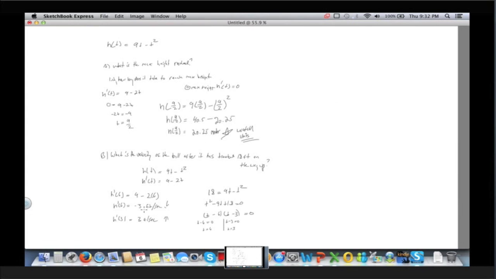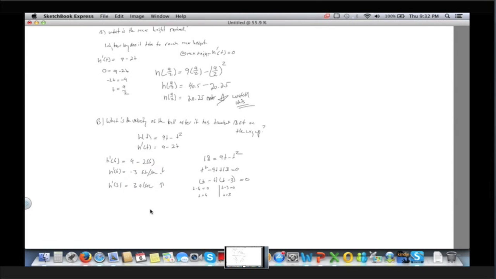So at 6 seconds, the height would be 36. 54 minus 36. Why are you plugging in 6? Oh, okay. Yeah, I see why. Sorry. It'd be 18 feet. Okay. Yeah. This is correct then.